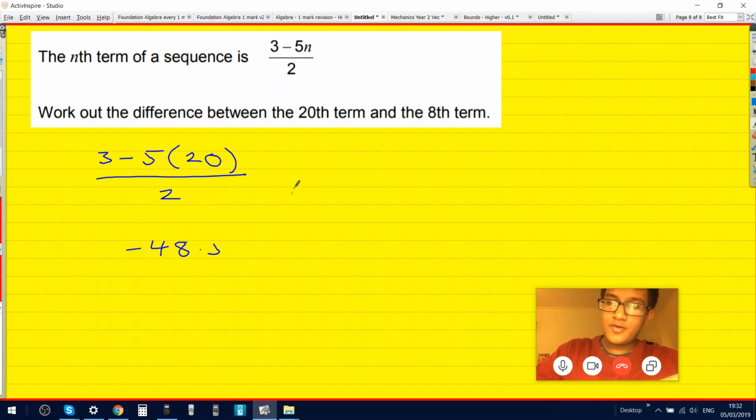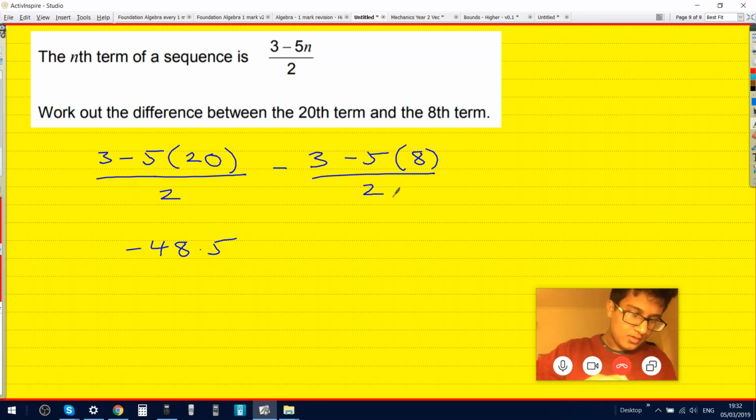3 minus 5 times 8 over 2 is 3 minus 40 over 2. You get minus 18.5.